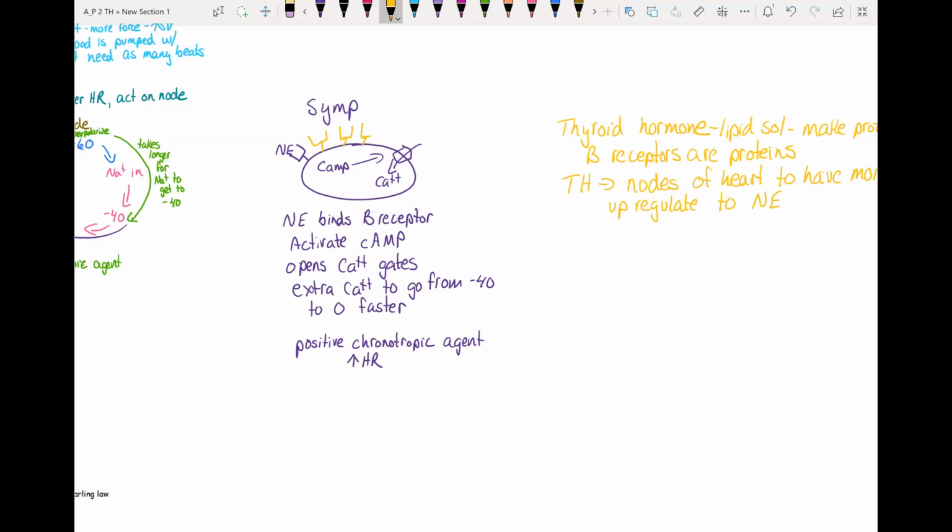You get all these extra beta receptors here. If you have more beta receptors, you're going to bind more norepinephrine. And for each norepinephrine you bind, you're going to get a cAMP. And that cAMP is going to open more calcium gates. So the result of that is there's going to be more calcium coming into the cell.